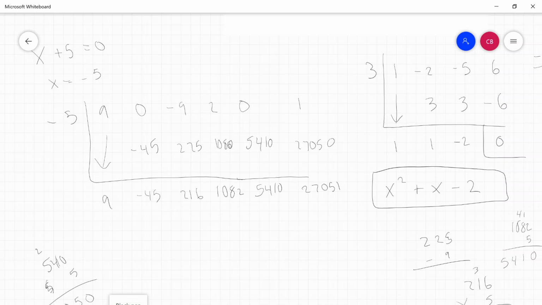So we started with x to the 5th, so this is going to be 9. Come on, let's go, Surface Pro. All right, 9x to the 4th, so we drop it down 1, minus 45x to the 3rd, plus 216x squared, plus 1082x, and I apparently need more space.